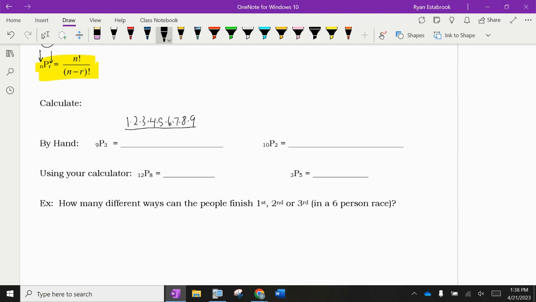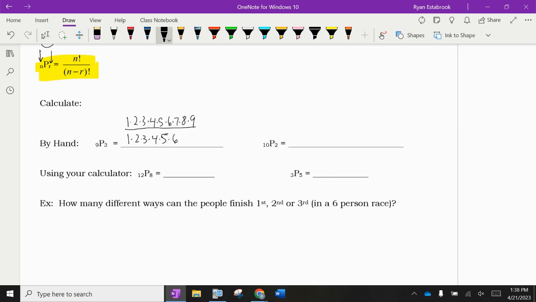The denominator is supposed to be n minus r factorial, or in our case, 9 minus 3 is 6, so it's 6 factorial. 1 times 2 times 3 times 4 times 5 times 6. And maybe you're looking at this saying, are you kidding? I'm supposed to do this by hand? I'm supposed to multiply all of these numbers, and take this huge number divided by that huge number?